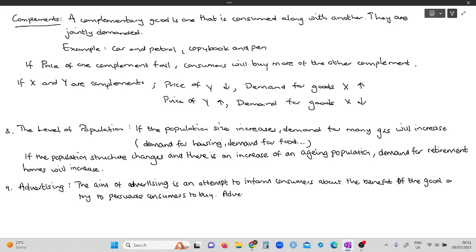Advertising, we have two main types of advertising. Advertising can either be informative or persuasive. This is what we mean by advertising. We have two types of advertising.